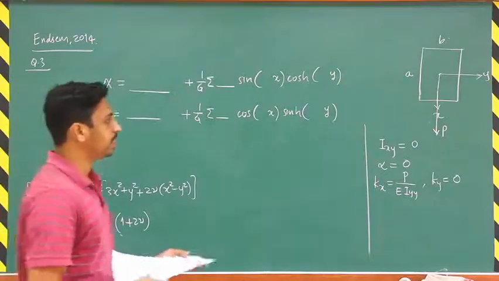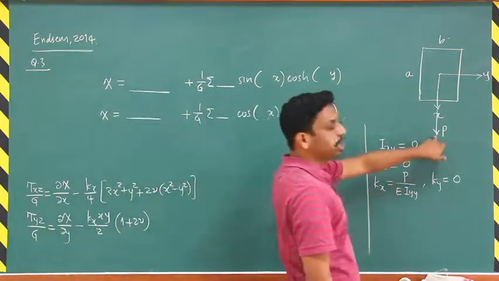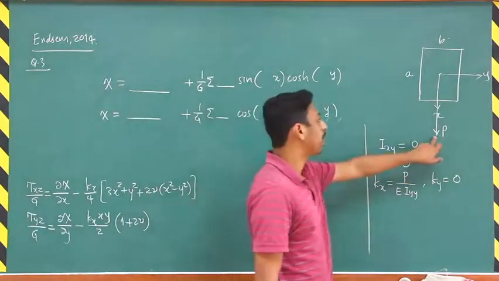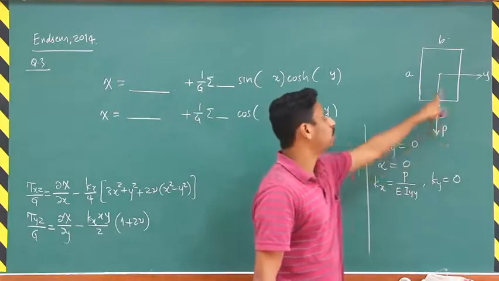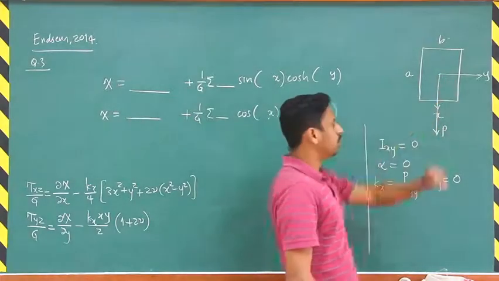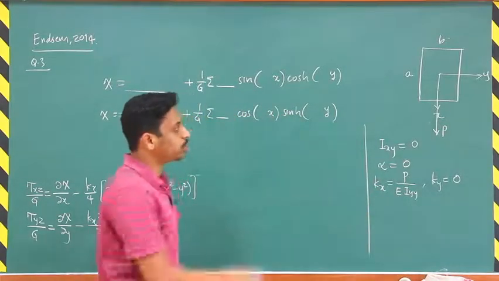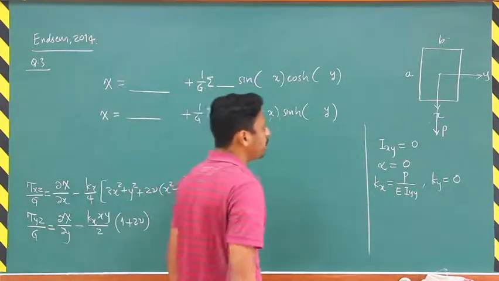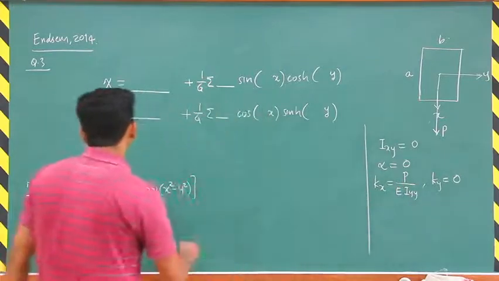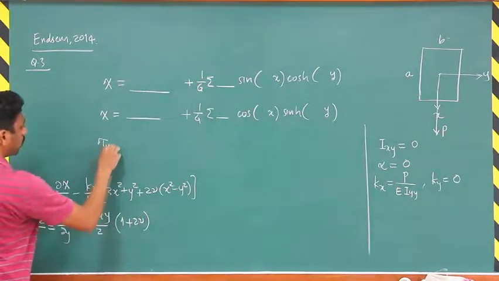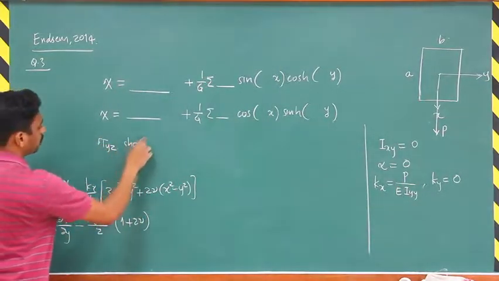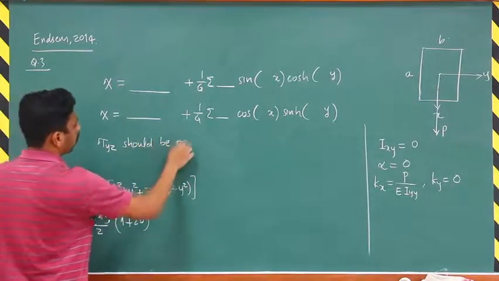Now you can see in this particular problem, this terminal load P is applied along the x-axis and through the centroid of the cross section. So from the definition of the problem, the loading condition and the symmetry of the geometry, we conclude that this tau yz should be odd in y.